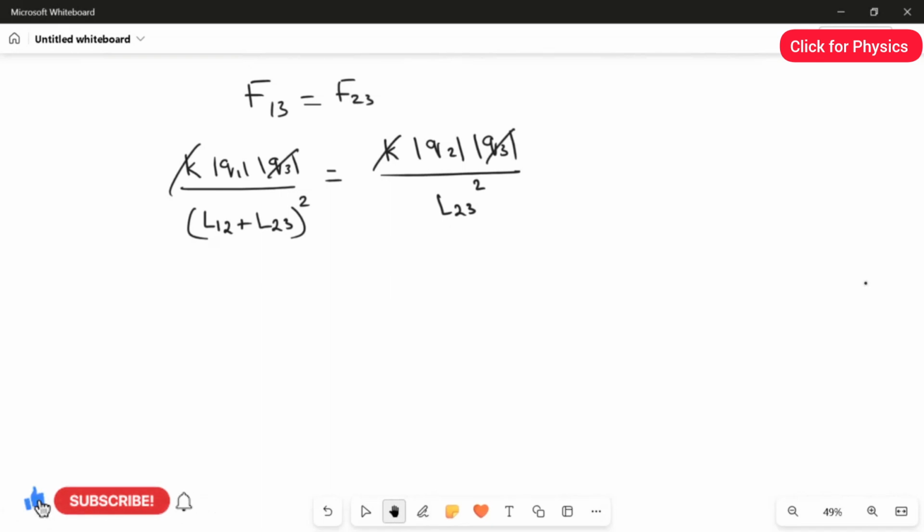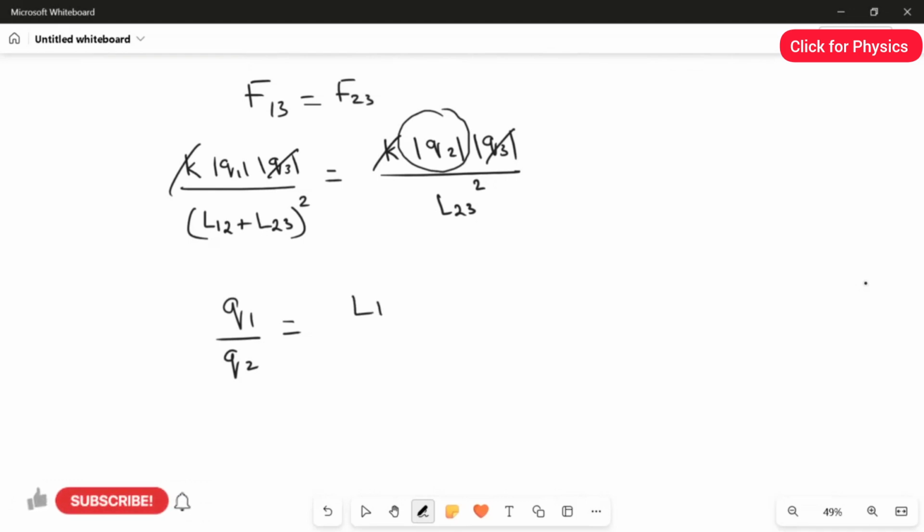And now what I'm going to do, because they said we have to find Q1 over Q2, right? So I'm going to separate the charges to one side, and the distances to the other side. So I'm going to bring these charges to the left hand side of the denominator. So how I will get Q1 over Q2, and then I can bring this one to the right hand side of the numerator.